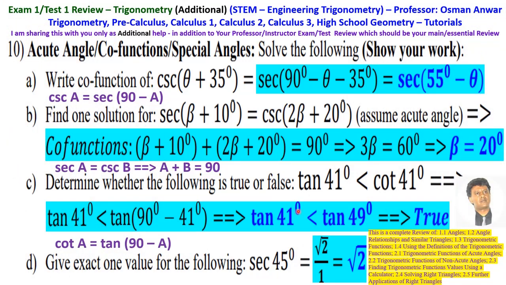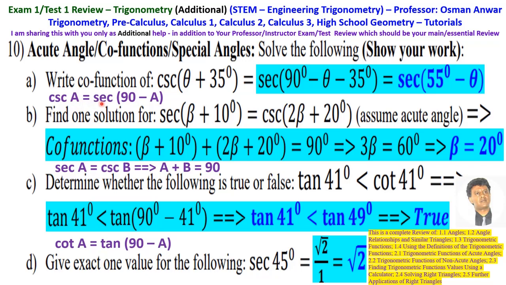This is number 10, cofunctions and special angles of acute angles. So write cofunction of cosec theta plus 35 degree. By definition, cosec A is equal to sec 90 minus A when they are cofunctions.